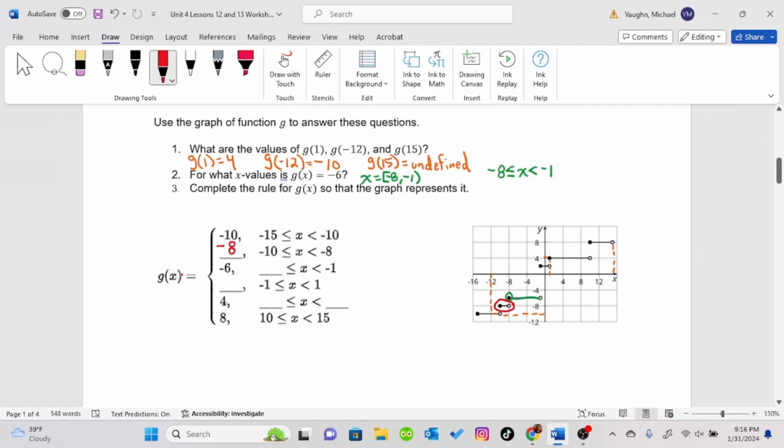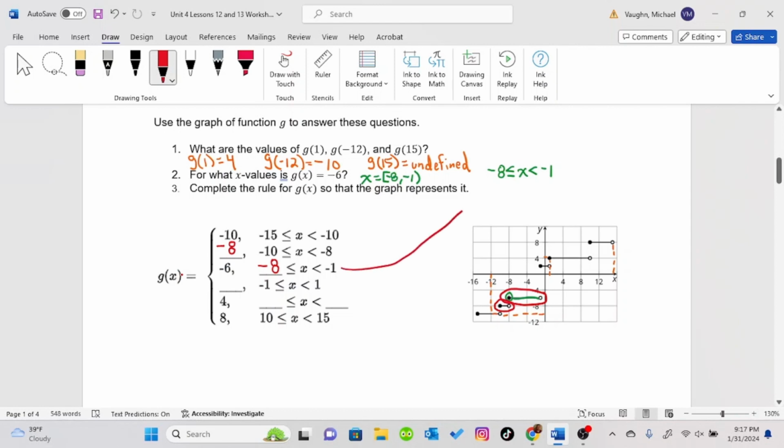Next, we're saying the function equals negative 6 when x is between blank and negative 1. That's the section that we had just talked about previously. So that is negative 8 included, negative 1 not included.